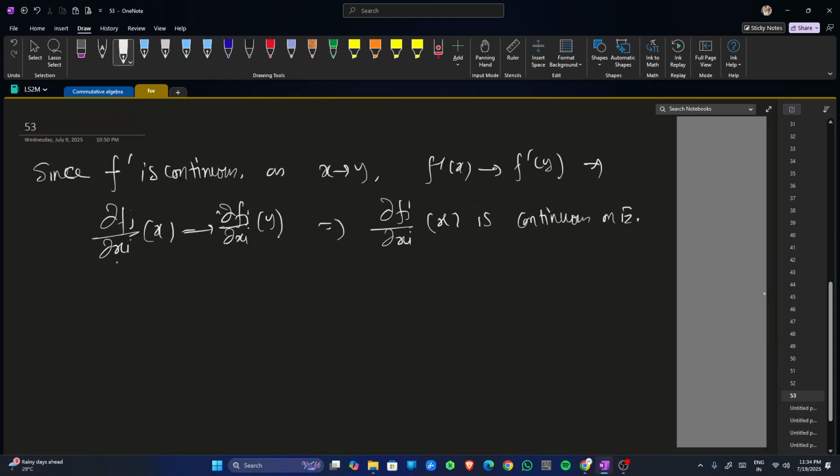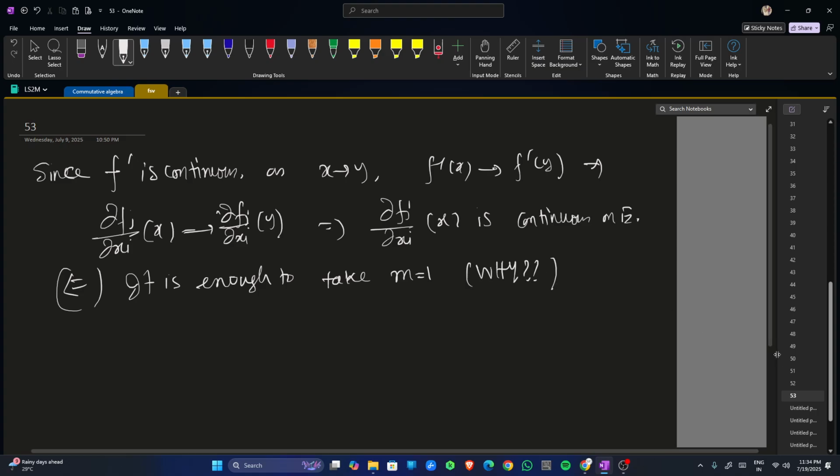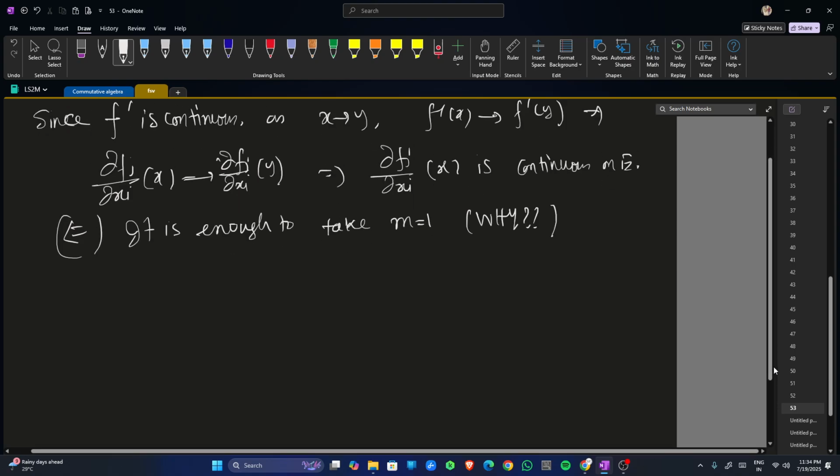For the converse part, it is enough to take m equal to 1.